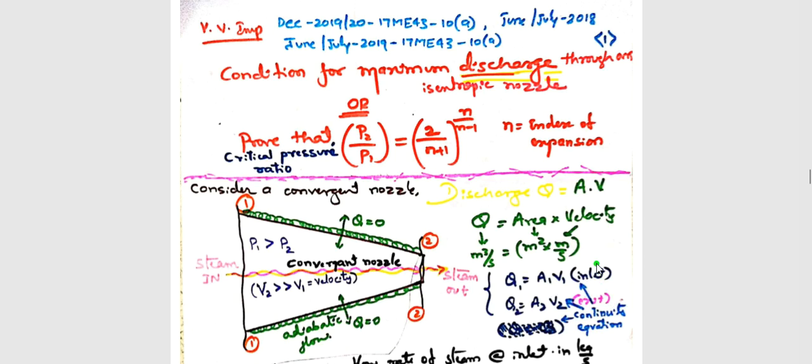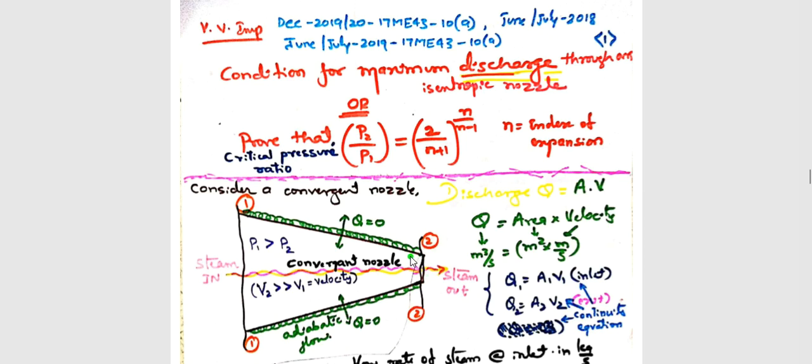To move further, one more point you need to remember is the mass flow rate, that is the law of conservation of mass. What is it? The law of conservation of mass says the total mass of steam entering the nozzle is equal to the total mass of steam coming out.